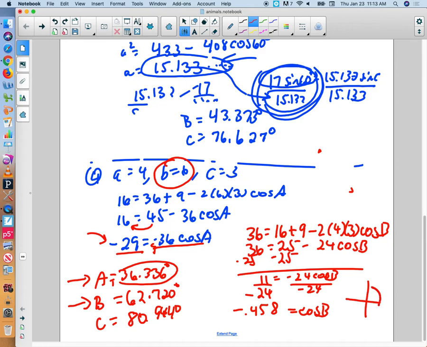It's not going to find anything in the first quadrant, so where's it going to go? Into the second, where cosine's negative. It can find obtuse angles. What is B? I believe 117. Yeah, me too. I bet this 62.72 is like the reference angle if you subtract that from 180.